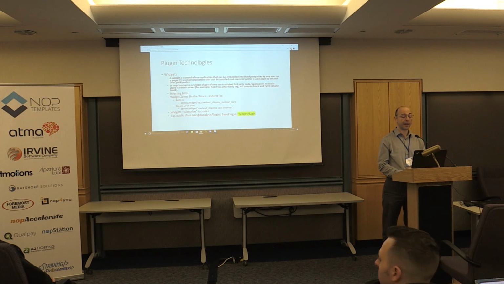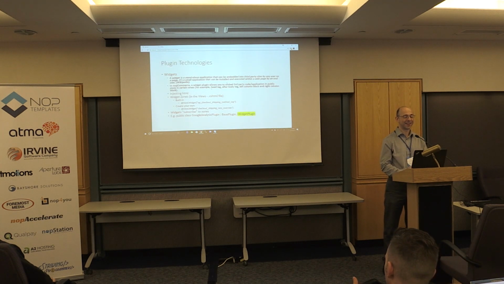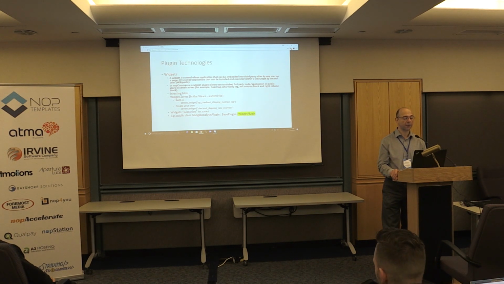So there are widget zones within that CSHTML file, and they typically look like this, the @Html.Widget. Whoops, I keep thinking I have a pointer and I don't. So the widgets are scattered throughout several of the core pages in the CSHTML files.